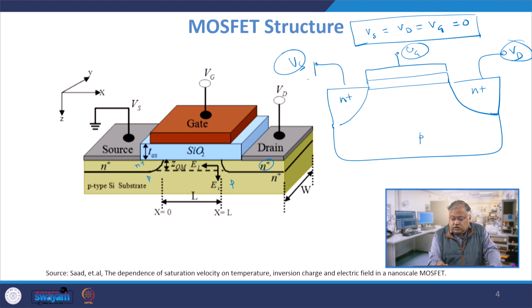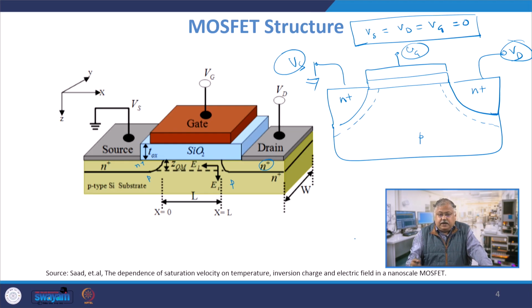Anyway, this is grounded, so it does not matter. Even under such a condition, there will be a depletion region which will be extending into the P region. Why? Because even under zero bias, some electrons travel towards the P side and recombine, and therefore there will be depletion charge available.